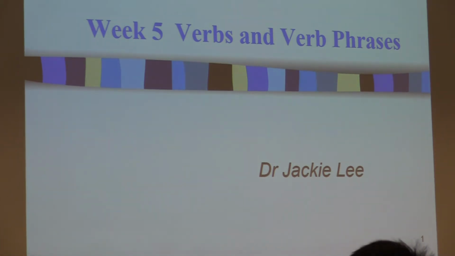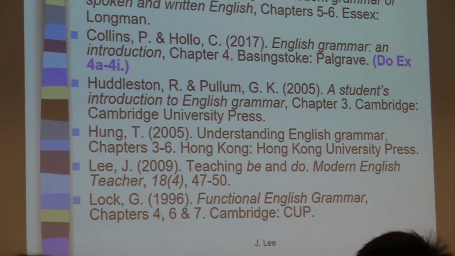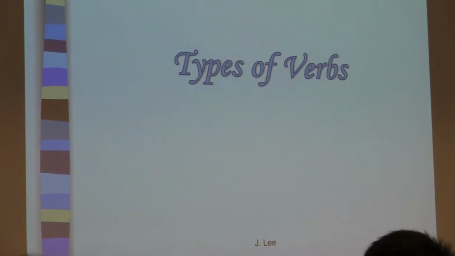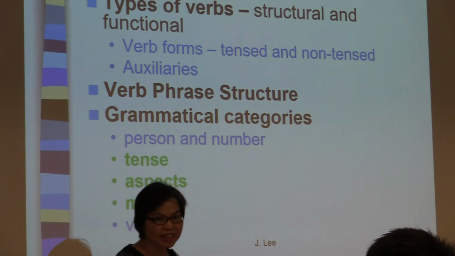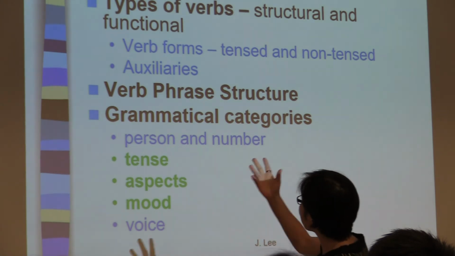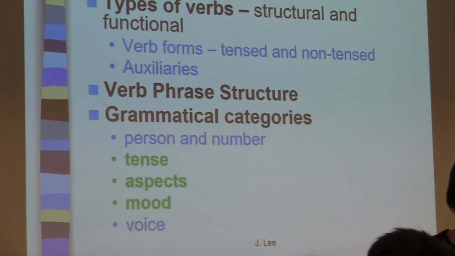Okay, now verbs and verb phrases. Well, I hope you have done the exercises 4A to 4I in Colin's book, and that can help you understand better, I'm sure. Now, in your self-study, I asked you to look at the first part, types of verbs, structural and functional, and also look at the different verb forms and the auxiliary verbs.